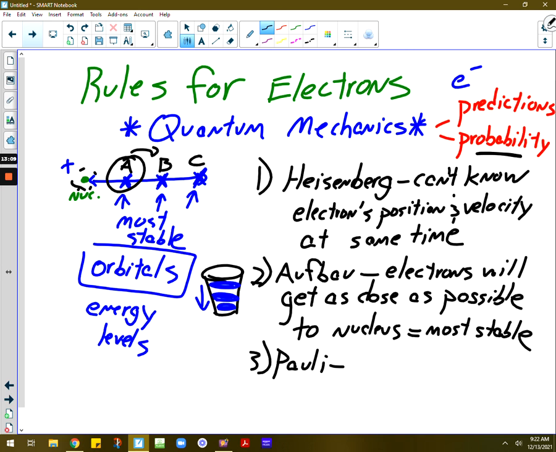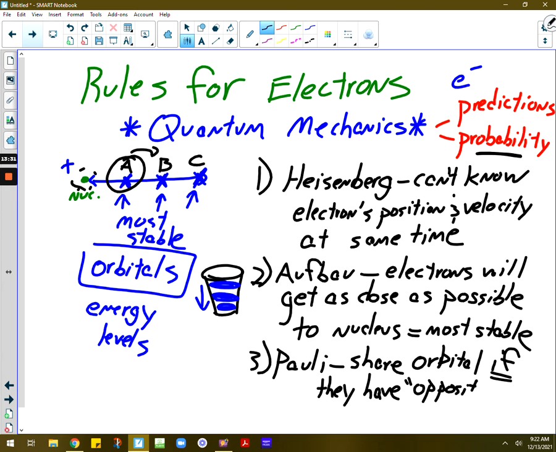So electrons can share an orbital if they have what's called opposite spin. In other words, if I depict an orbital like a box, and I use arrows to notate those electrons, two electrons can go into this orbital provided that one of them has what's called a positive spin and the other one has what's called a negative spin.